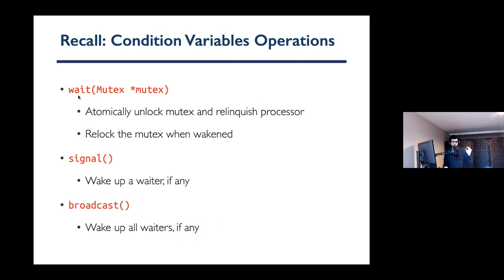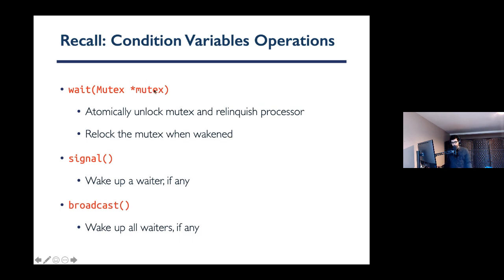Whenever you want to define some events that threads have to wait for, we'll see an example of this. The syntax is that you call wait and pass a mutex to it. What wait does is put you to sleep while you're waiting for that event, and it releases this mutex.